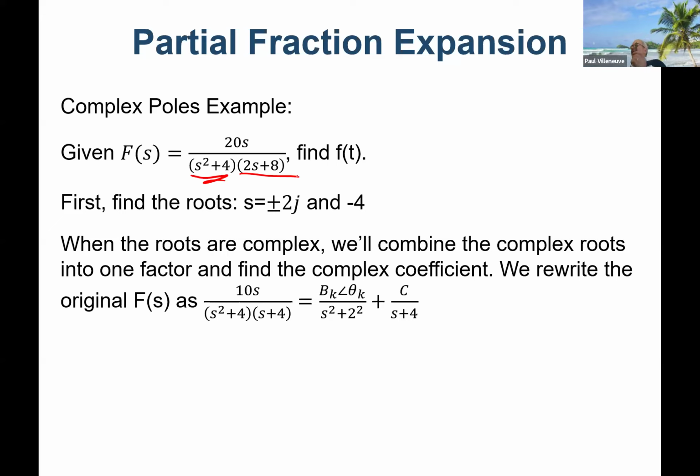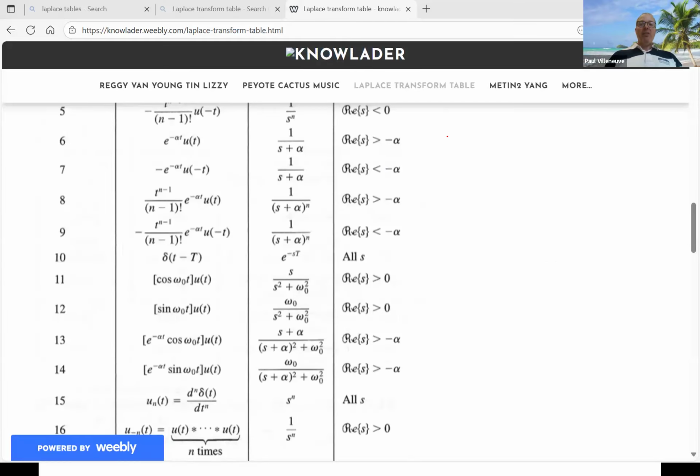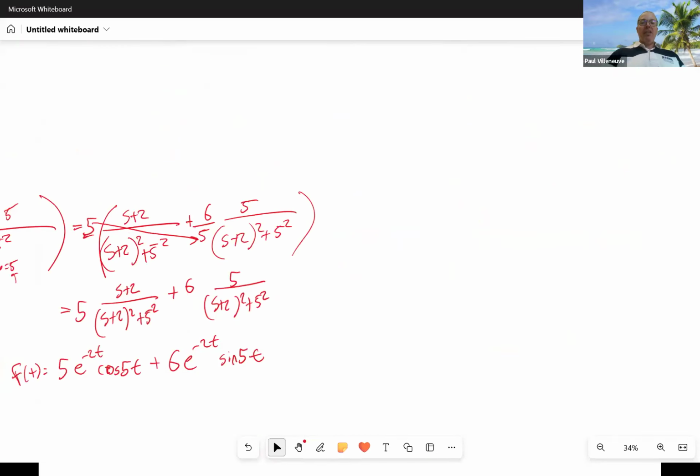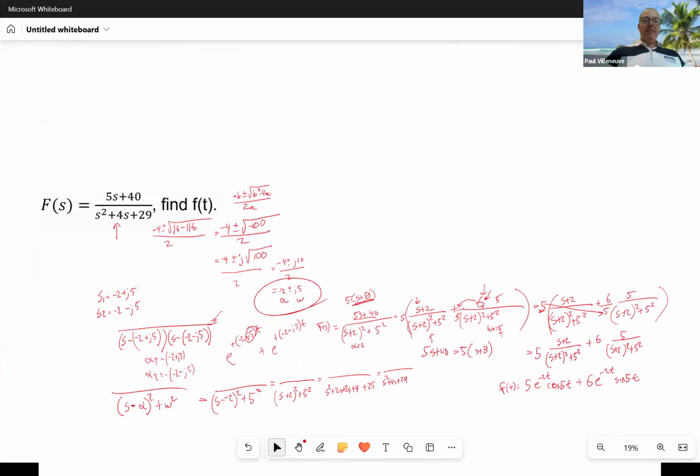If you have an f of s that you can't break down into matching the table, if I've got two functions, so this is going to be s squared plus 4, and this is going to be s plus 4, then I can go back to, remember when we did the e to the minus j theta way up here someplace?